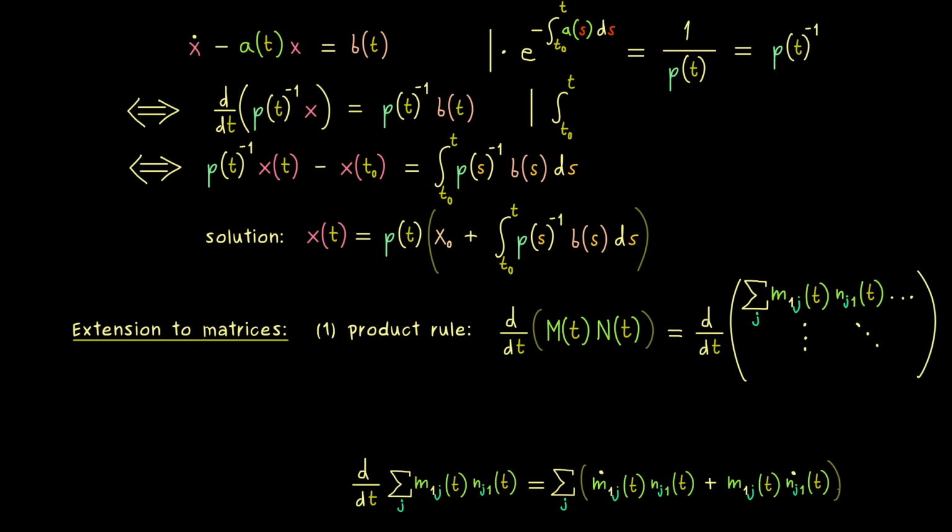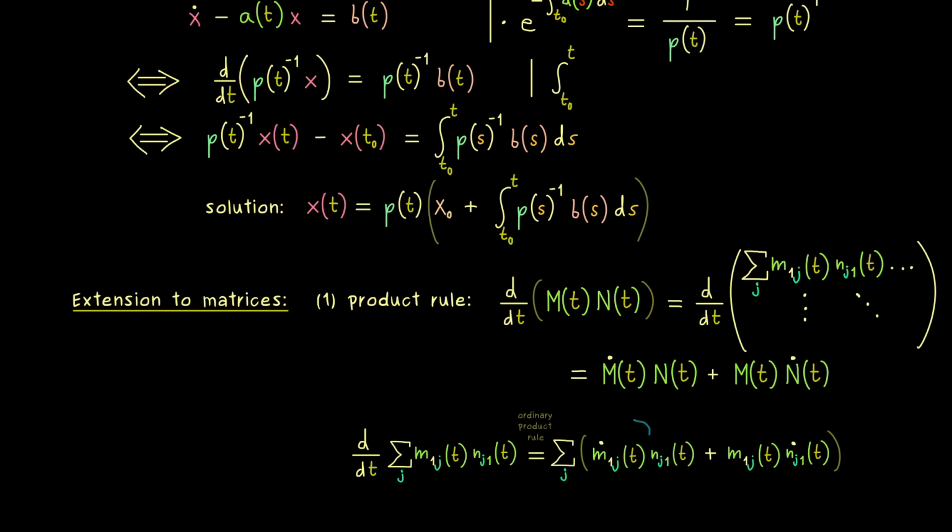And that's already it, because now you see we can do that in every component, and then we can split up the two matrices. Hence what we get is the derivative of the first matrix function, which means the derivative in each component, times the second matrix function plus the other way around. So in other words, this nice matrix product rule follows immediately from our ordinary product rule.